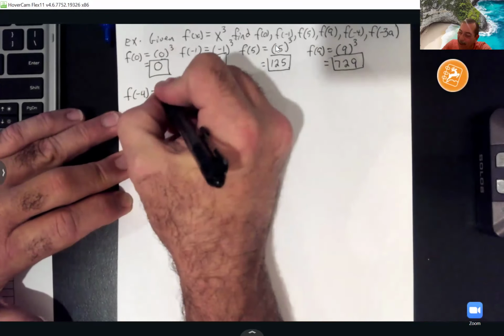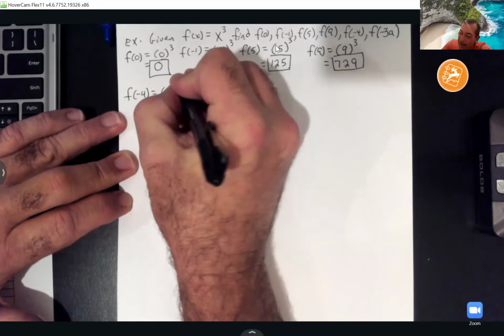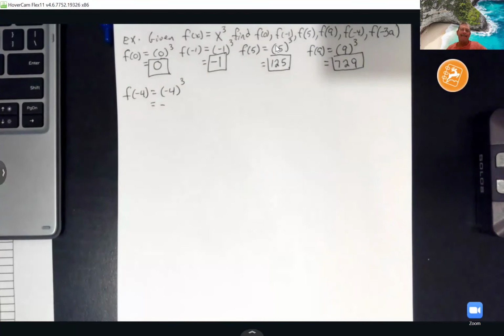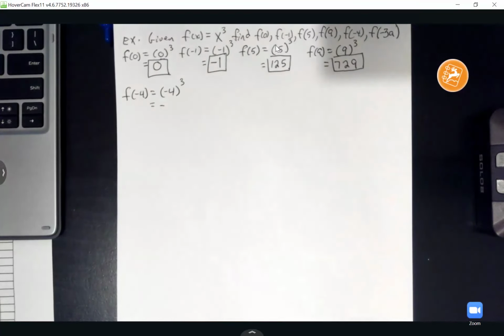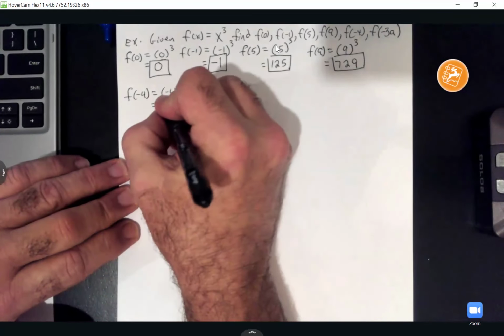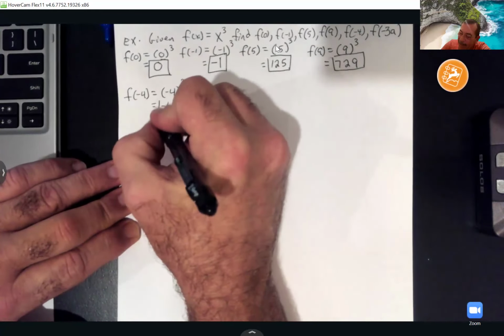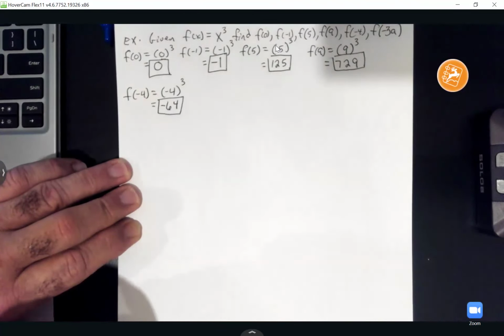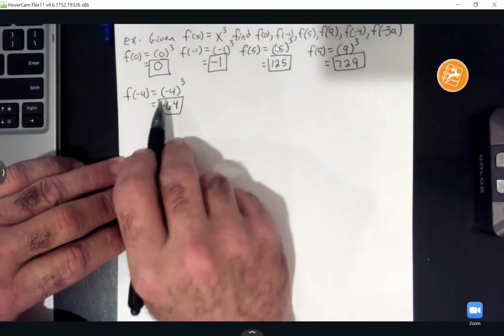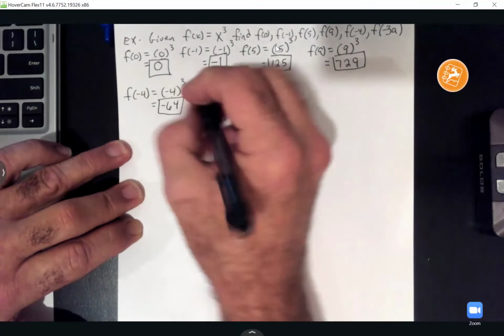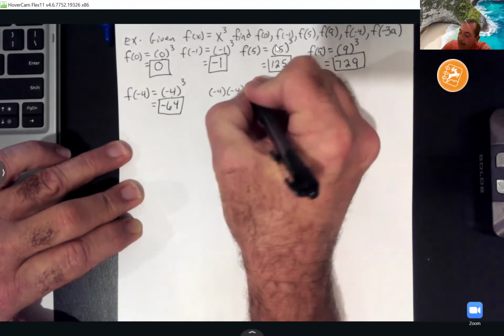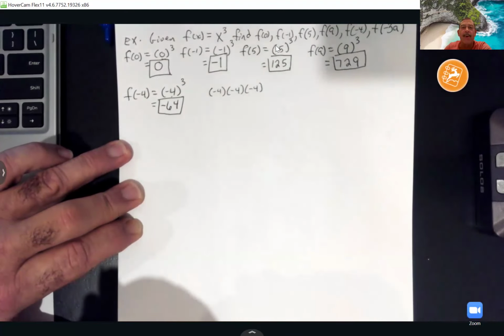All right, f of -4 will be -4 to the third power. We know that's going to be negative, so -64. Is it because it's even? No. All I'm doing here, that -4 to the third just means you got a -4 times -4 times -4.